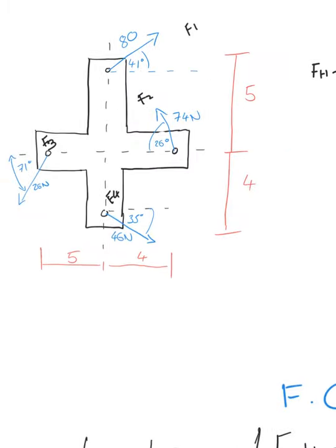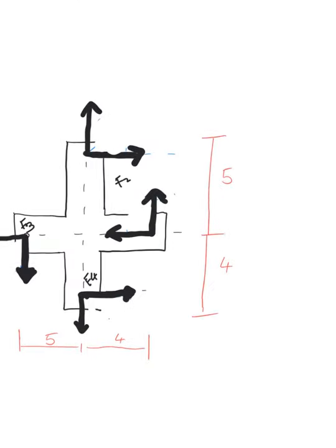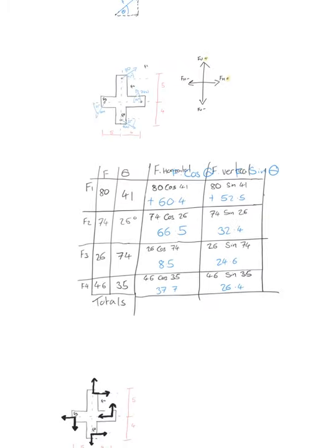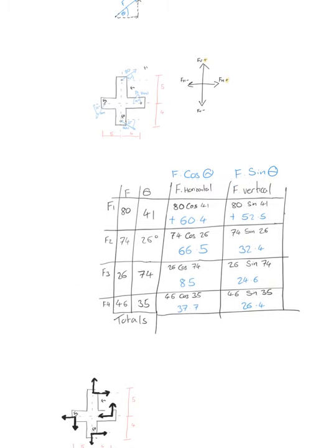F2 then, the 74 newton force. To get to that same point, I would have to travel left and up, as shown here. Left is negative, so my force horizontal is going to be negative. My force vertical, I'm still going up, so that's still positive. I consider this for each of them.